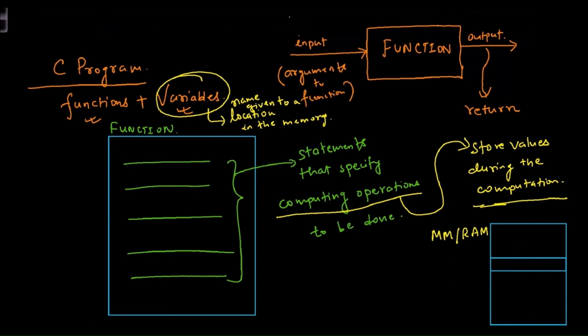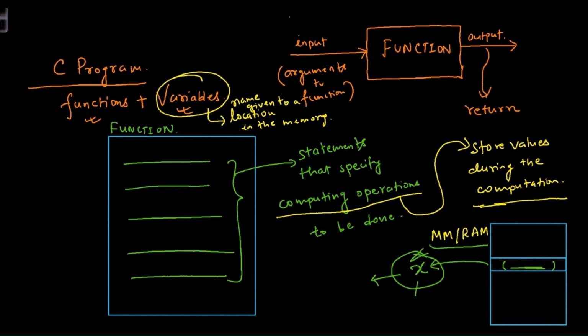So this is your main memory, and this is any location in the main memory, and you give it a name like X. When you give a name to a memory location, effectively it acts as a variable for computation purposes, because you can read the content of the location.